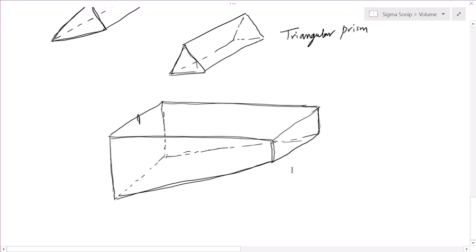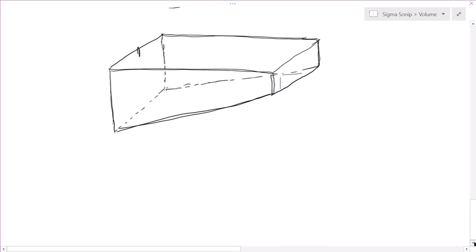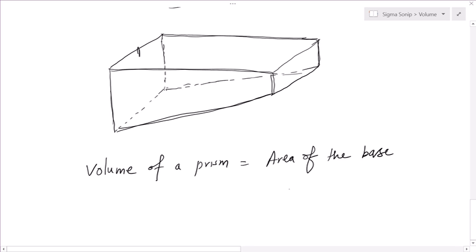Okay, now how to find the volume of a prism? Very simple. There's only one formula that you need to use, and this is how you find it. Volume of a prism is equal to area of the base times the height.